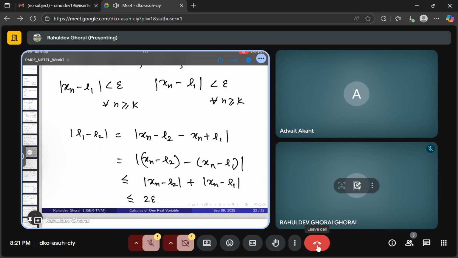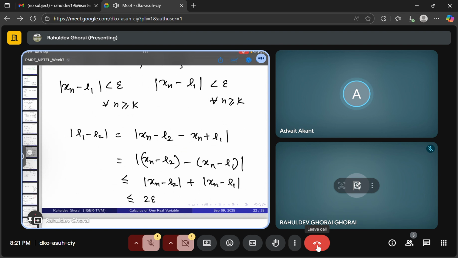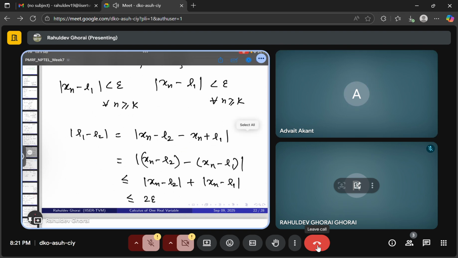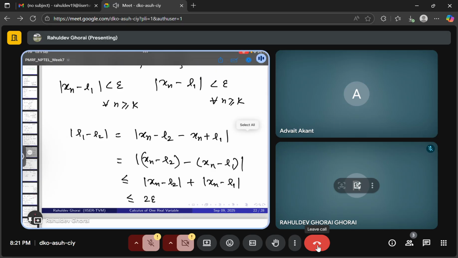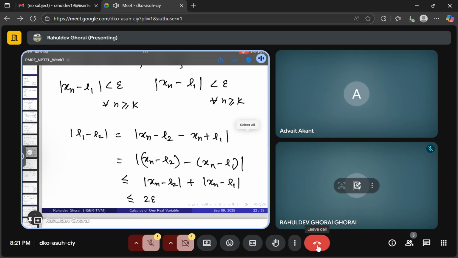But can I ask some other doubt, like from another subject, not from this calculus of one variable? Some algebra or something?